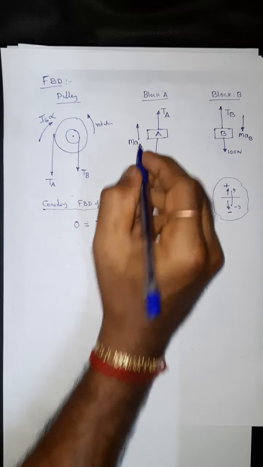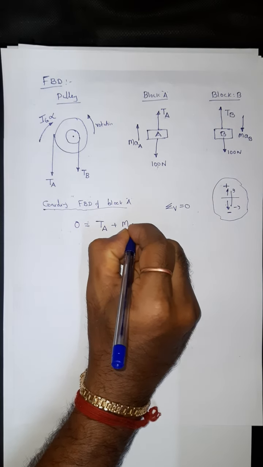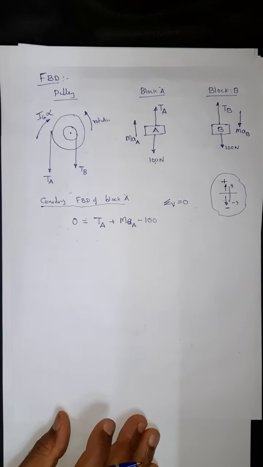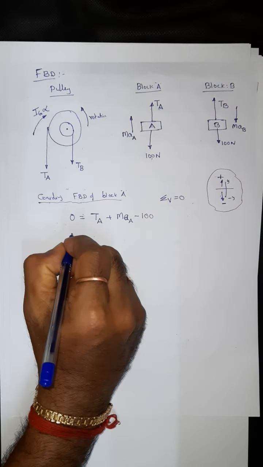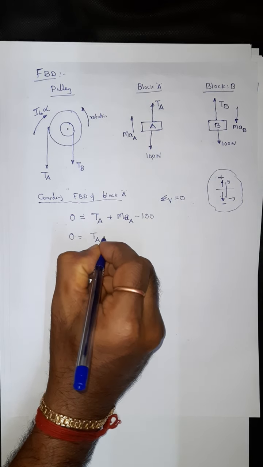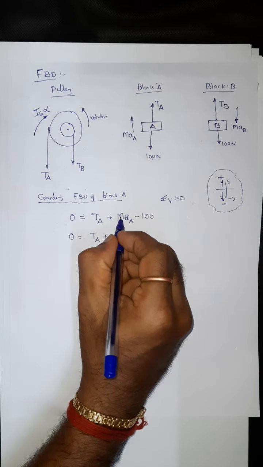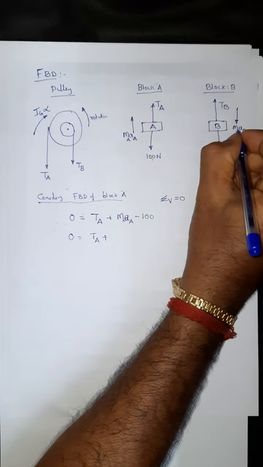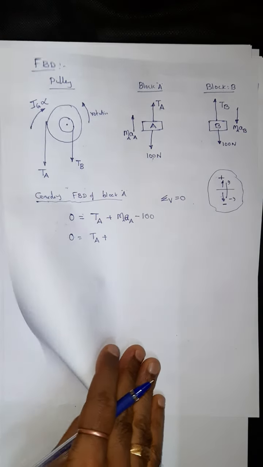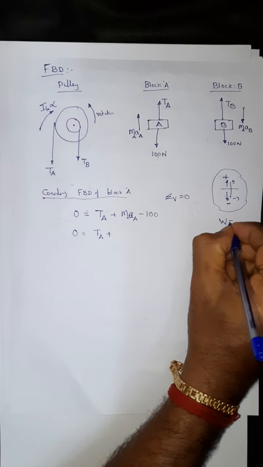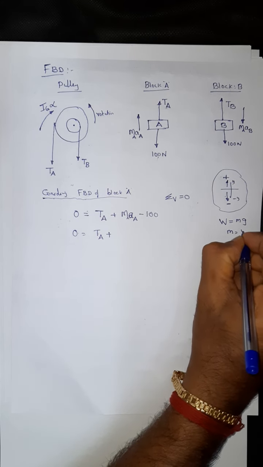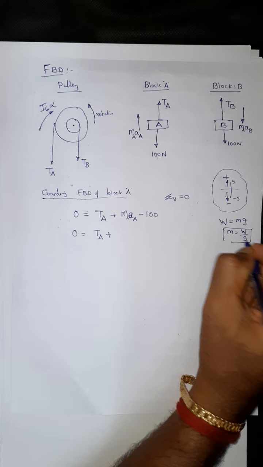So vertically upwards, let me take TA plus MAA minus 100. So 0 equal to TA plus mass of A into AA minus 100. Weight is given as 100, so W is equal to mg, we know. So M is equal to W by g, where W is 100.